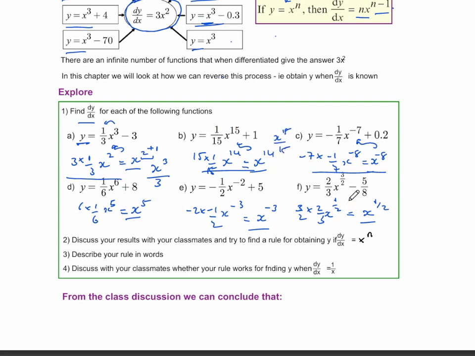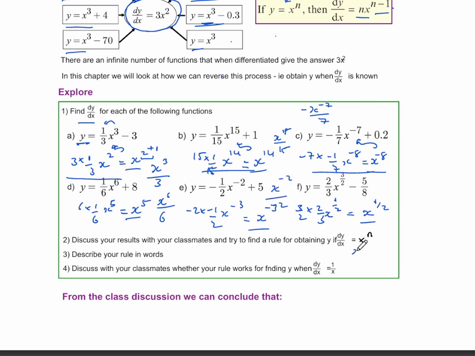You add 1, then divide by that number. Here, add 1, you get x power negative 7, divide by negative 7. So you get negative x power negative 7 over 7. Here again, same thing, you add 1, becomes x power 6, divide by that same number, added by 1, so 6. Then here, same thing, you add 1, you get x power negative 2 over negative 2.